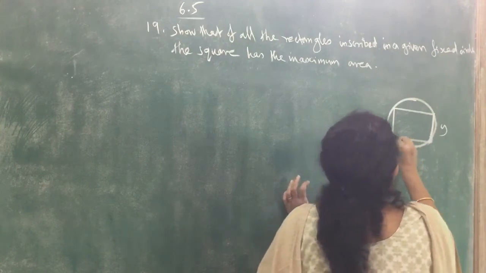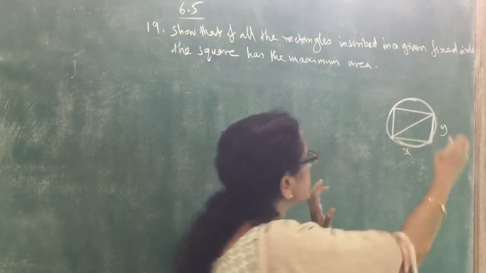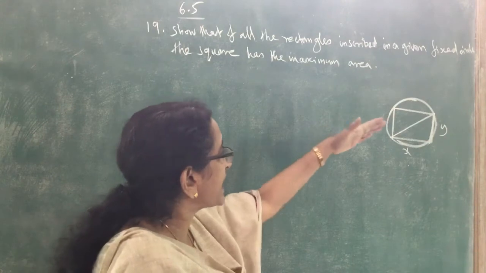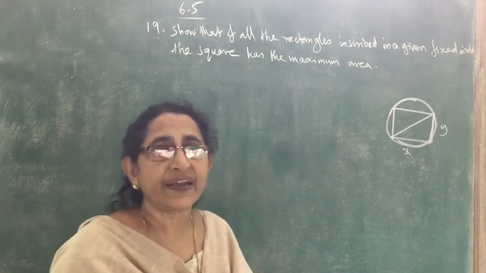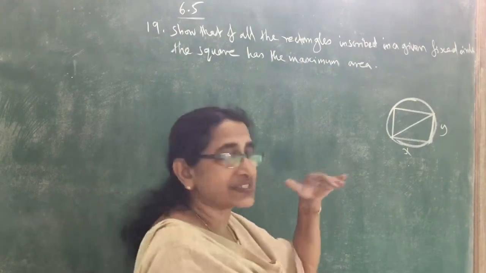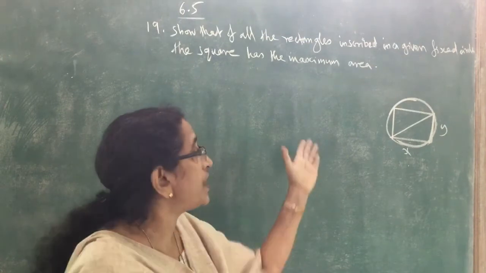and the breadth as y. When a rectangle is inscribed in a circle, the diagonal of the rectangle is the diameter of the circle. Let r be the radius of the circle.